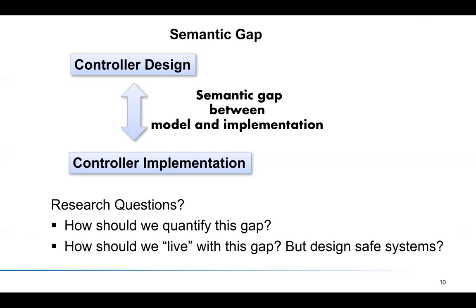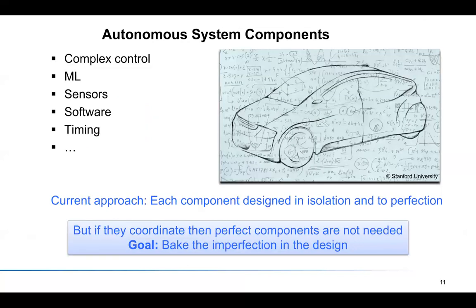And therefore, the obvious research questions would be, given this gap between the model and the implementation, how exactly do we quantify this gap? And, in general, how do we design systems that are safe, even if there is a gap? How do you give some sort of a safety guarantee?